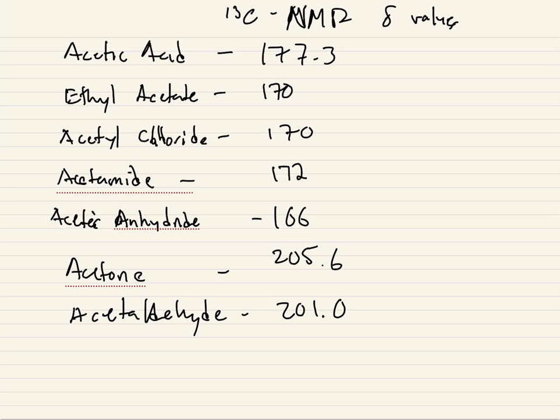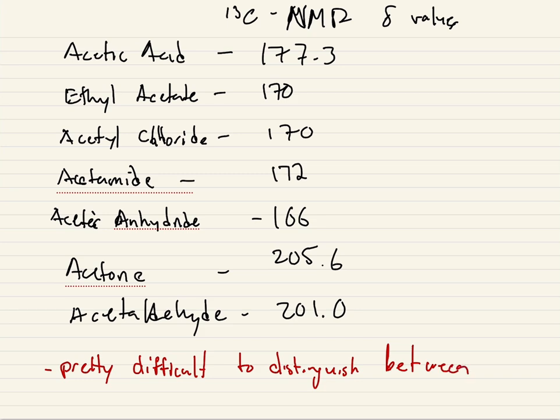As a lot of these are very close together, it's actually difficult to distinguish between these compounds. They're so close together that it's kind of hard to actually distinguish between these compounds.